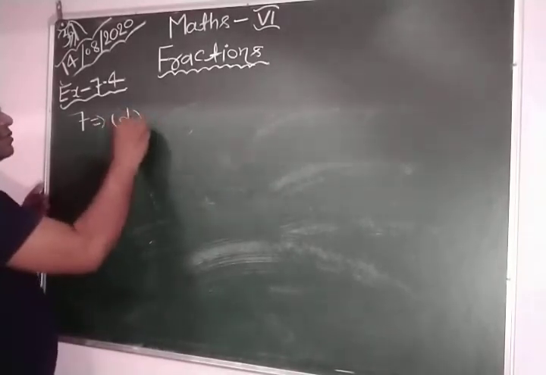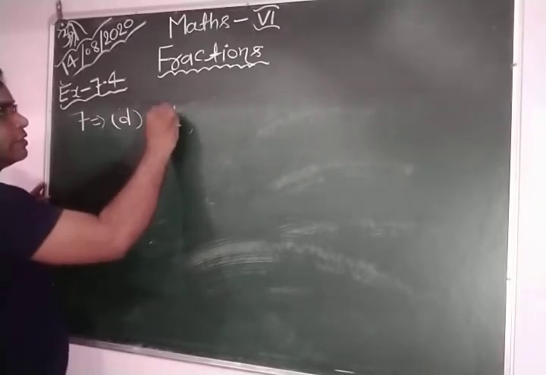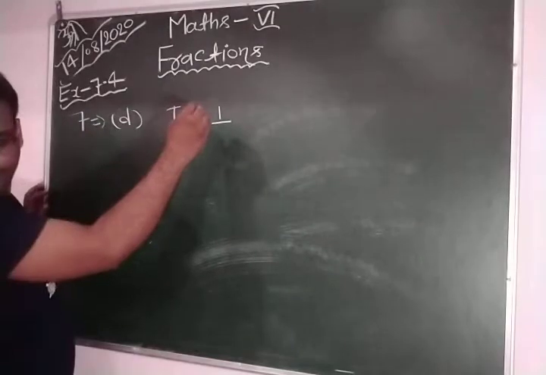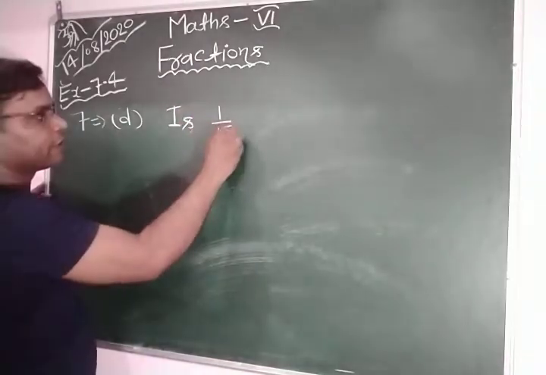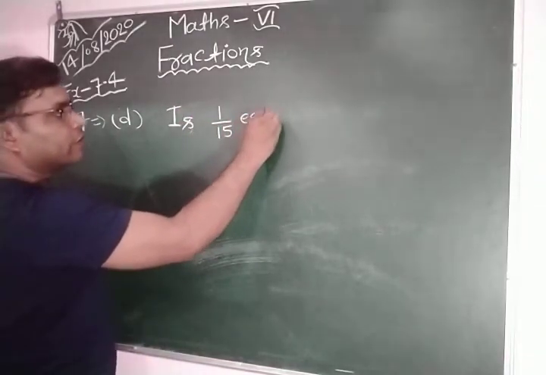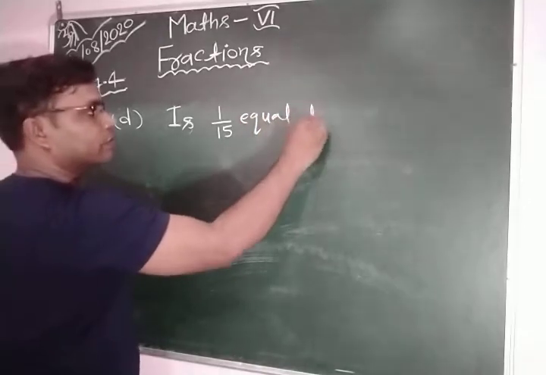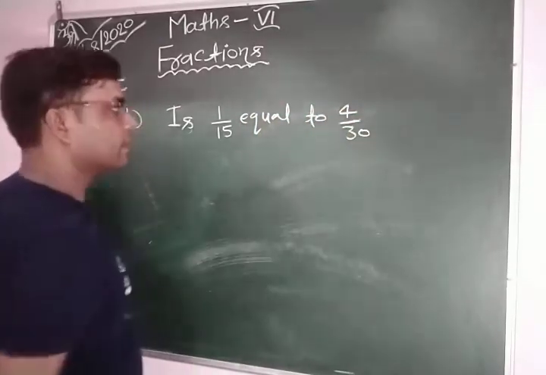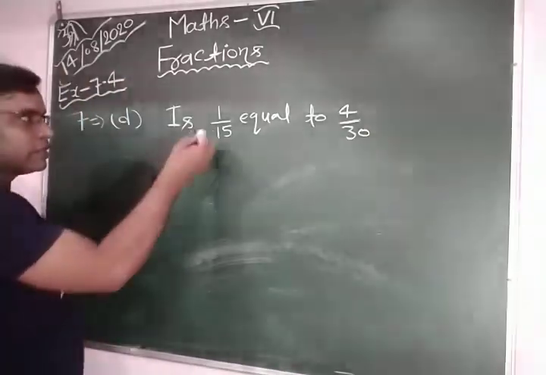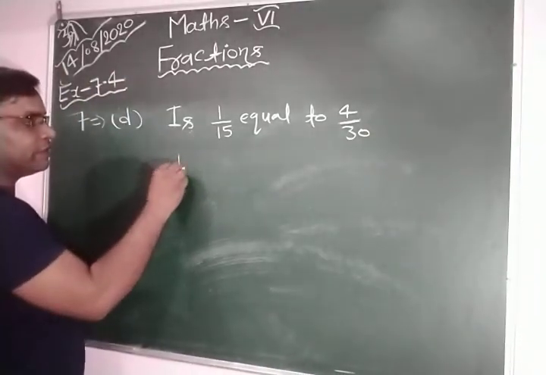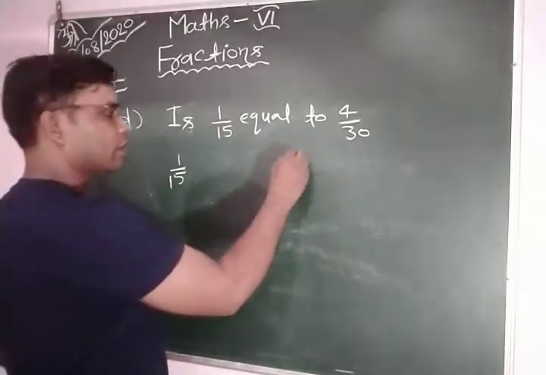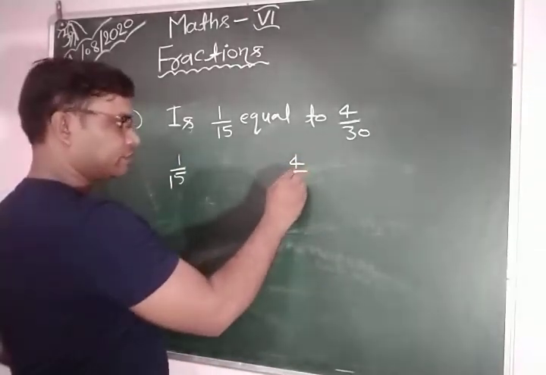D part is 1 by 15 equal to 4 by 30. Okay, we can use the simplified form. 1 by 15 and the next fraction is 4 by 30.